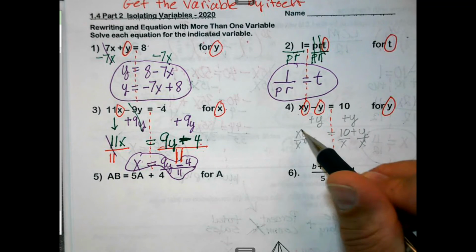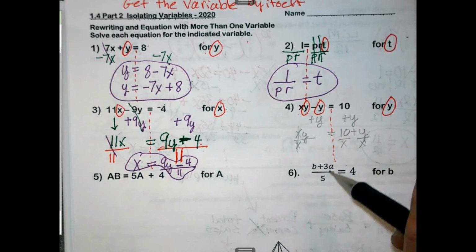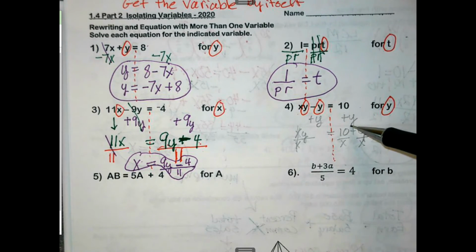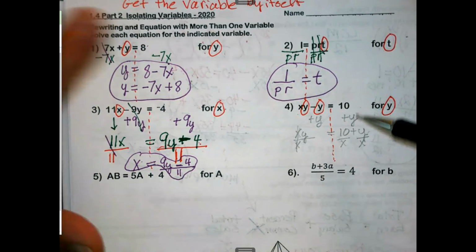Now, it helps me get this y by itself, right? But now I got a complete mess over here. Now it's getting a little tricky. So I don't know. Although this was a really good try, don't think it's going to work.